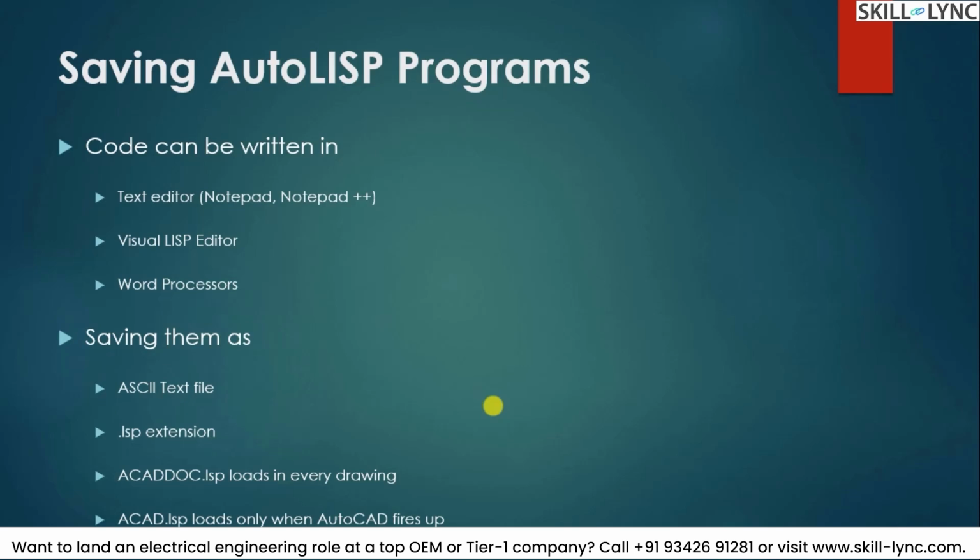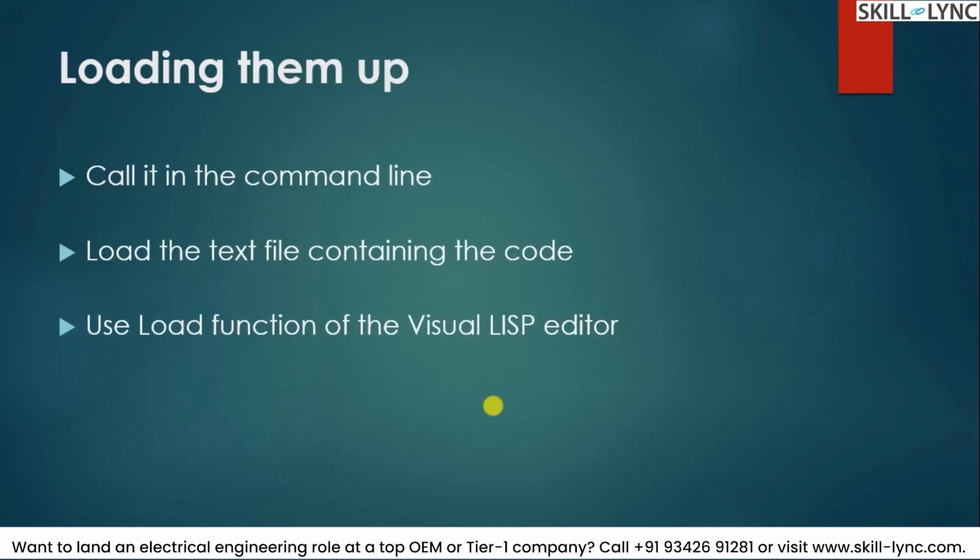So based on the method of calling, you can make sure it's only used when AutoCAD is used, or called upon in all the drawings, or called upon only when it is required as a single function. So this is how you save those AutoLISP programs and indicate to AutoCAD that this is a LISP function. So how do we load them up?